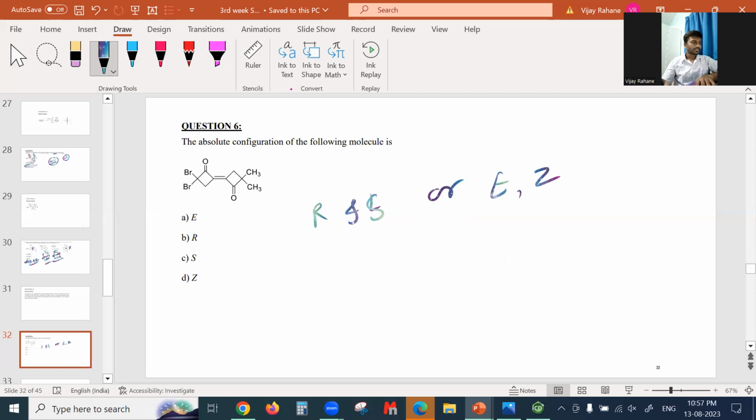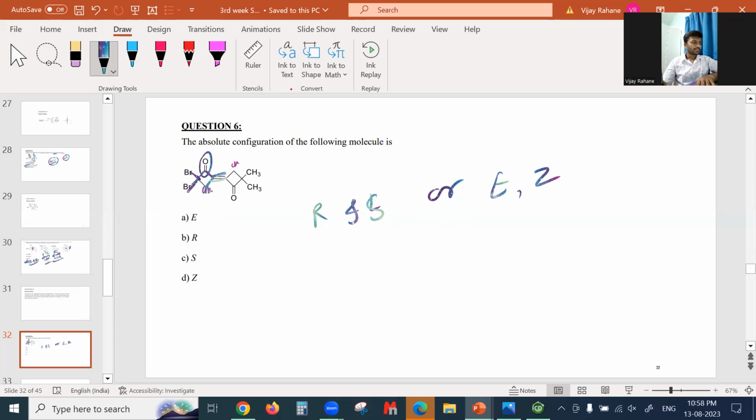So here if you see this molecule, this bromine and this bromine, they both are in the plane, right? And both are identical. But if you see here, these bonds, one has a carbonyl group and the other has a CH2 group. So these two are different groups. And there is a double bond which has the CH2 and the C double bond O group.